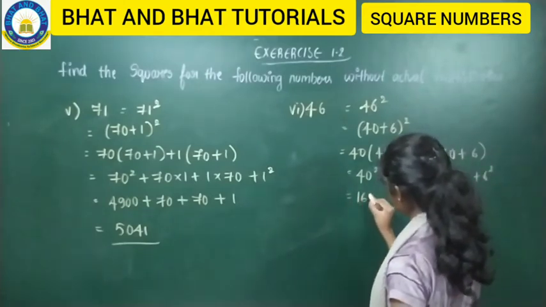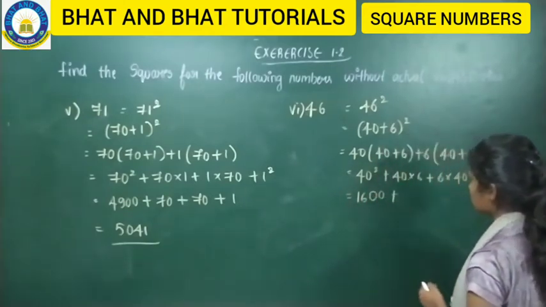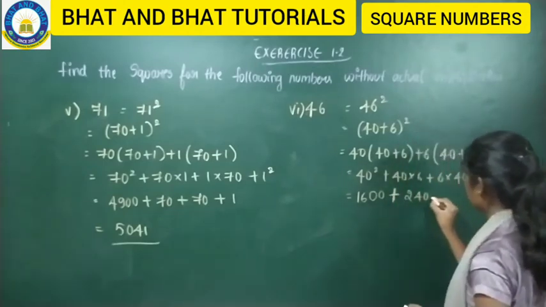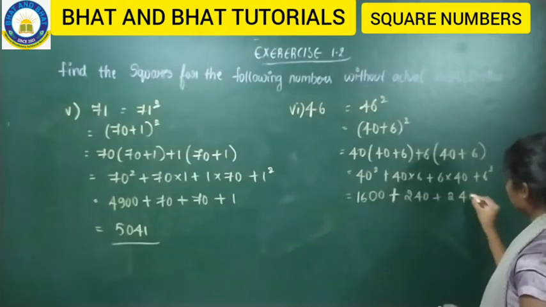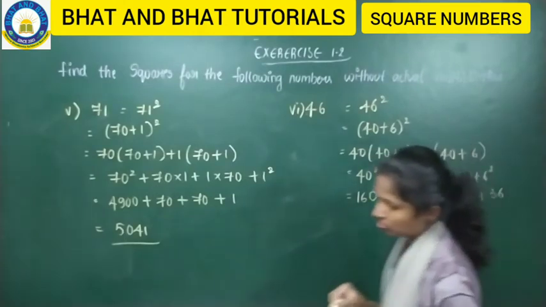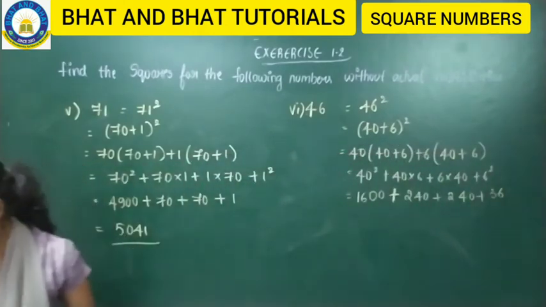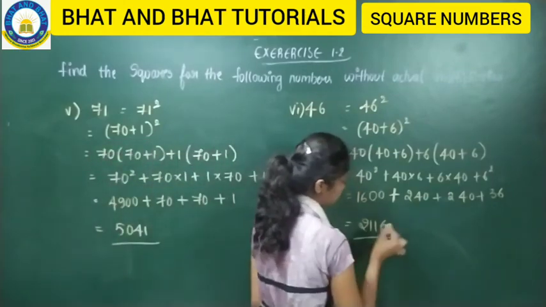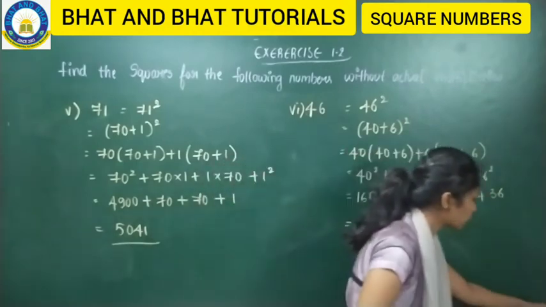So 4 fours are 16, 1600, 4 sixes are 24, 240 plus 240 plus 6 sixes are 36, and your final answer is 2116. Got this? Okay, now you can copy down this.